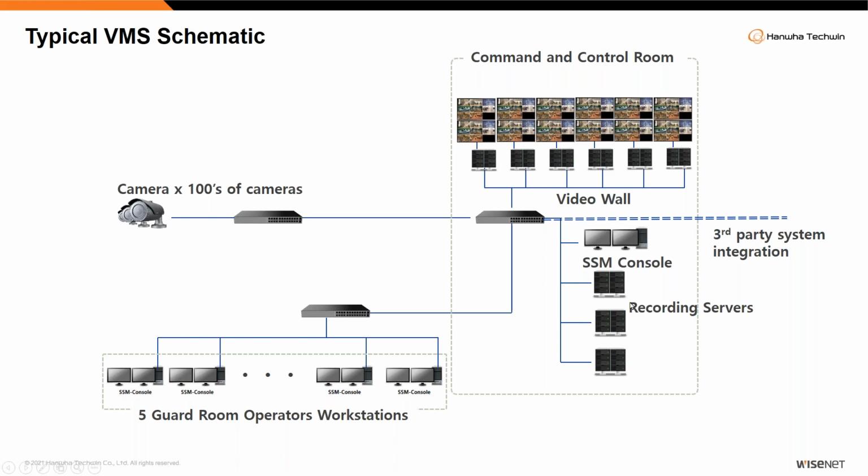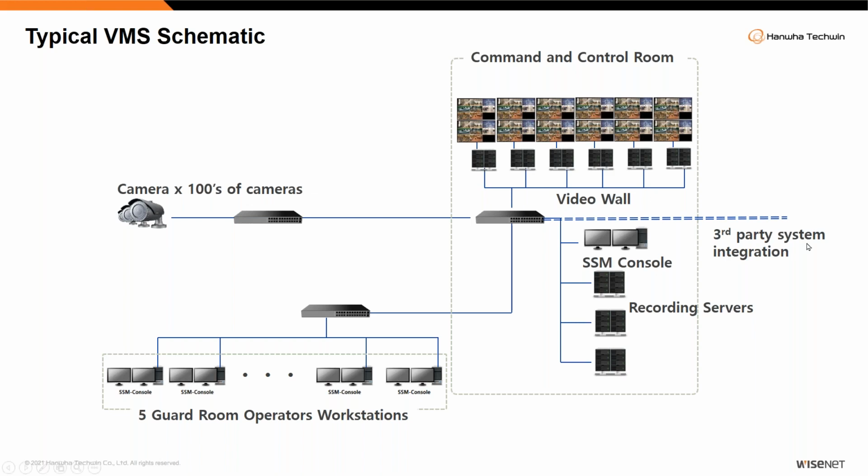Okay, done. What about recording? The recording server is managing the location of the recording of each camera, which hard disk it is being recorded on. So if from the client you ask for a specific timeline to play back, say I want to play back at 5 p.m., the request goes to the recording server, which will identify that particular camera's hard disk, pull out the data and send it to you.